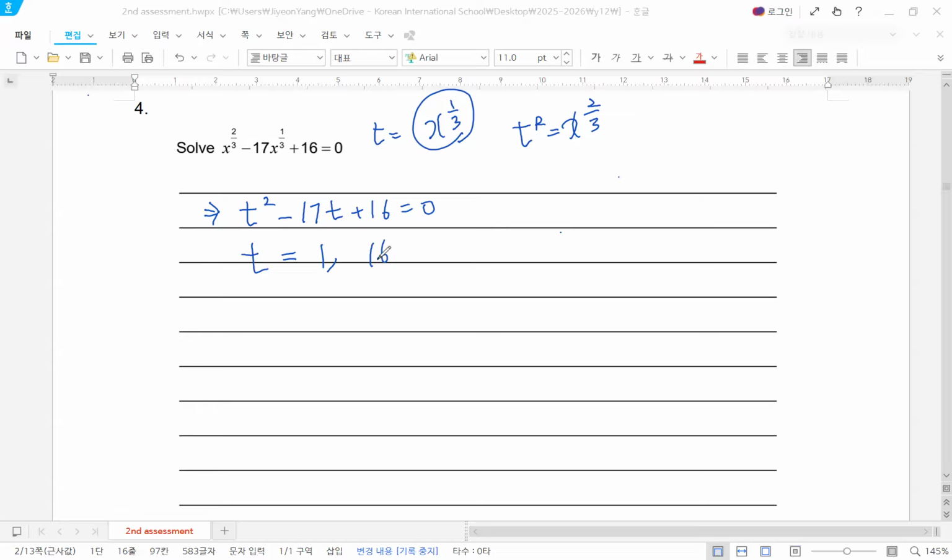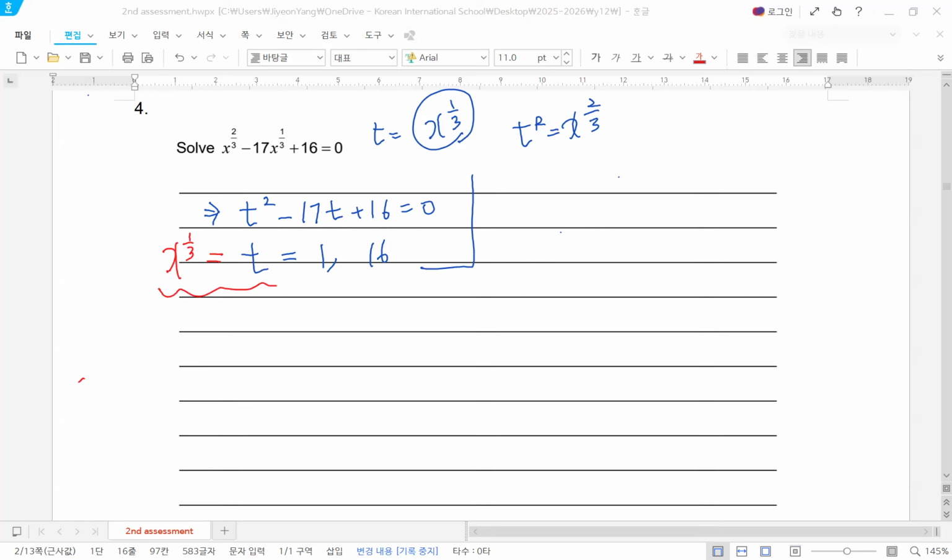If you fail to proceed after that, okay, it's okay. You can learn. But if you fail to come here, then it's going to be really, really problematic. So from here, t used to be x to the power of 1 over 3. Just write it down as it is. Some of you from here don't know how to solve it.